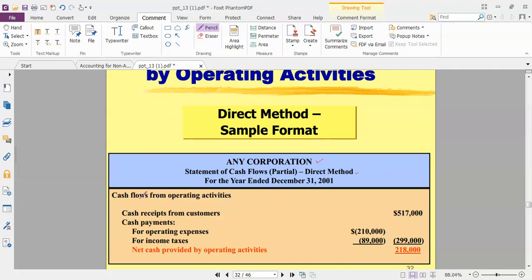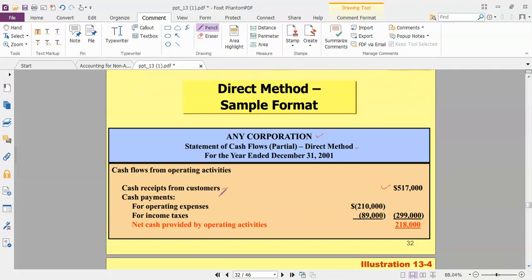So what is the cash flows from operating activities? Okay, you got from the cash received from customer, part 17, and you must be less or minus with the cash payment. Okay, cash payment for operating expenses 2210. For income, cash paid for income taxes 89.